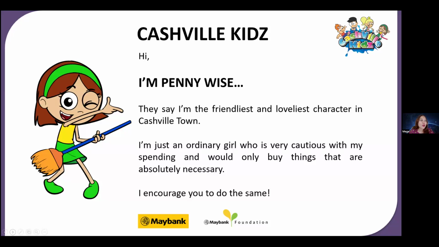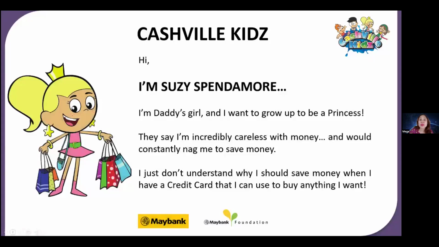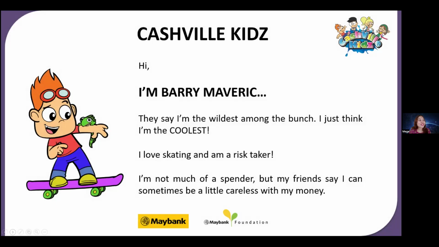Her motto is always to buy things that are a necessity. And we have Susie Spenmore. She's a bit careless when it comes to saving money, and she loves using her father's credit card. And the last character is Barry Maverick. Barry Maverick is cool. He has a pet iguana and a skateboard. He's a risk taker, and he's not much of a spender, but I can see that he's slightly careless when it comes to money.